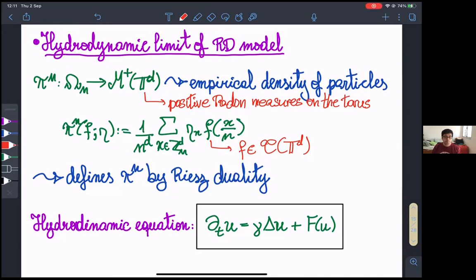And what happens is that this guy here satisfies a hydrodynamic equation. Okay, so the hydrodynamic equation is this equation here. It's something that changes from model to model.